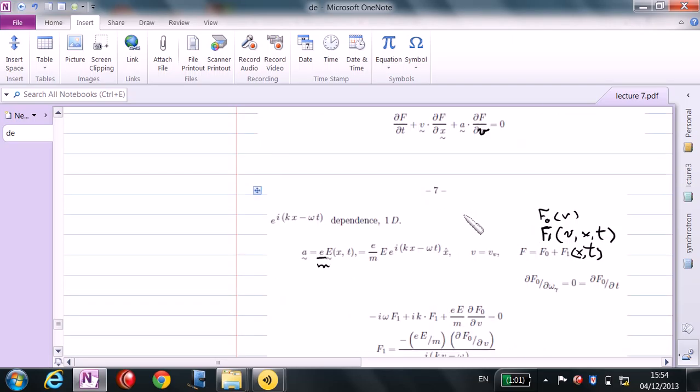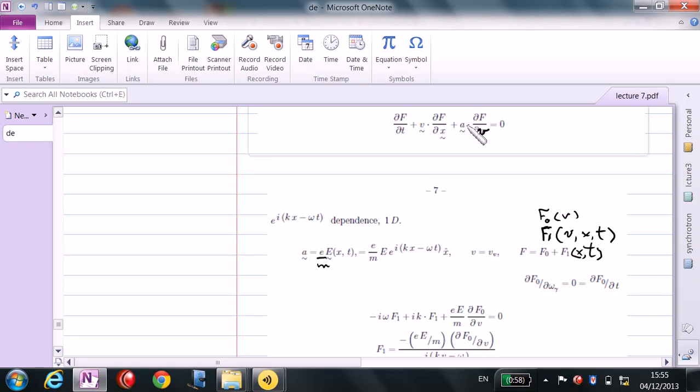I should say one more thing. I'm solving it perturbatively, which means when I have a first order term, v is not a first order term. That's just an independent variable. But a is proportional to E, which is a first order term.